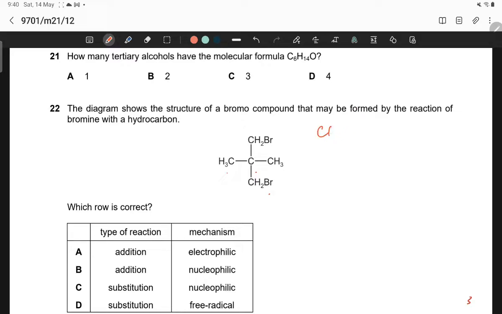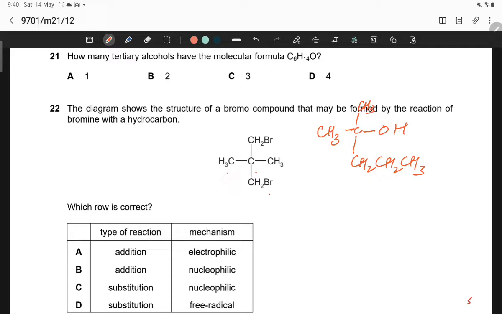So let's draw. This is CH3, CH3, OH, CH2, CH2, CH3.